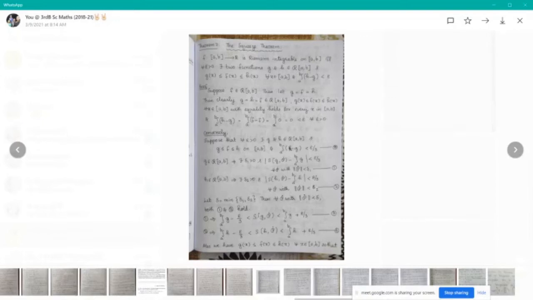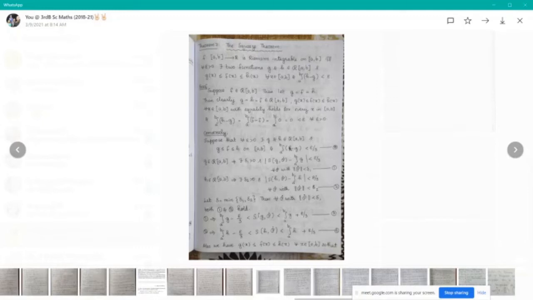Squeeze theorem പറയുന്നത് f is Riemann integrable on closed interval AB if and only if for every epsilon greater than 0 we can find two functions g and h such that f is squeezed, or sandwiched, between g and h on closed interval AB, and the integral of h minus g over closed interval AB can be made less than this particular epsilon.